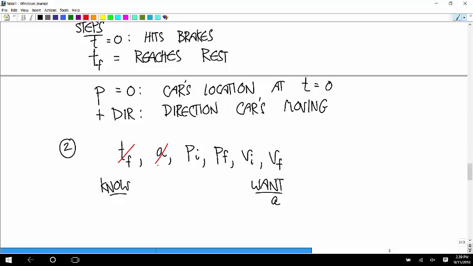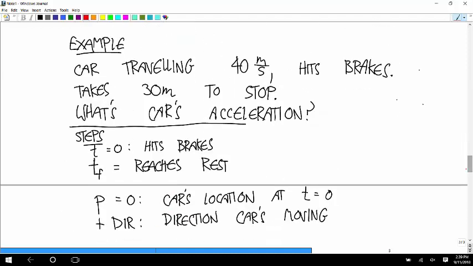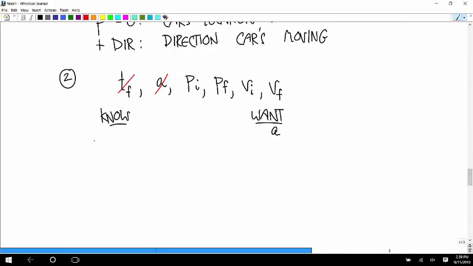The initial position, do we know the car's position when time is equal to 0? Yes, because that's where we chose our position equals 0 to go. Okay, so when time is equal to 0, the car's location is 0. So Pi is equal to 0.